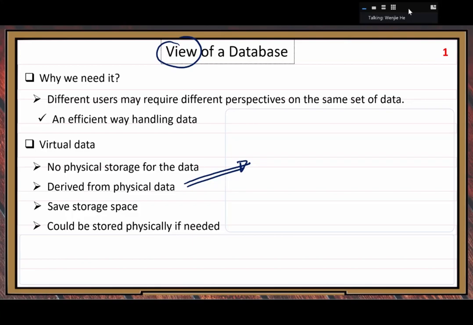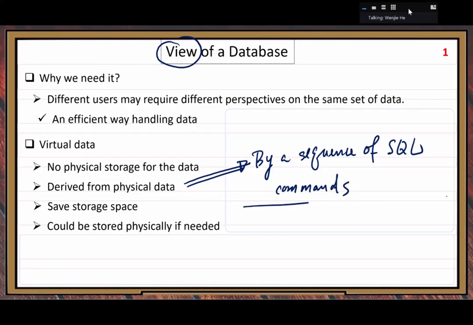You derive it from physical data by a sequence of SQL commands. So you need to write a list of SQL commands. You apply those commands one by one, and at the end, you generate the derived data.